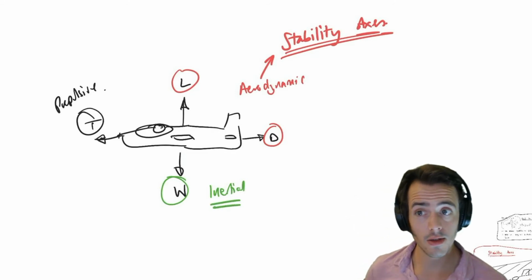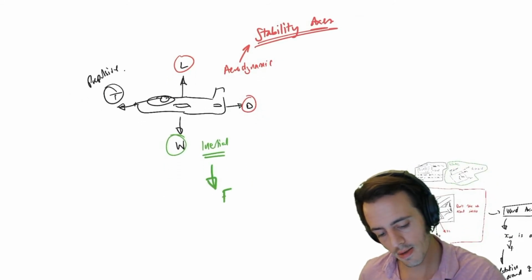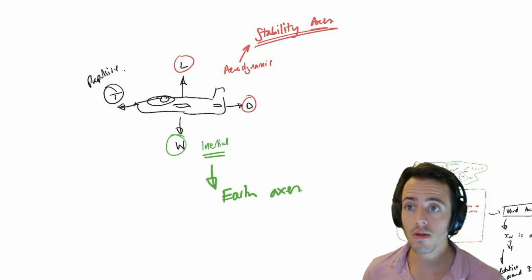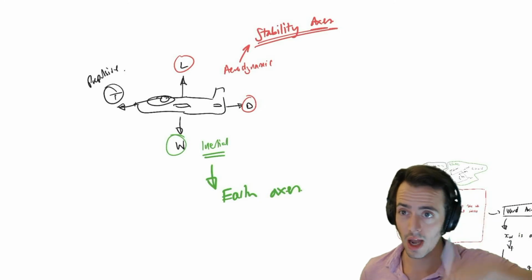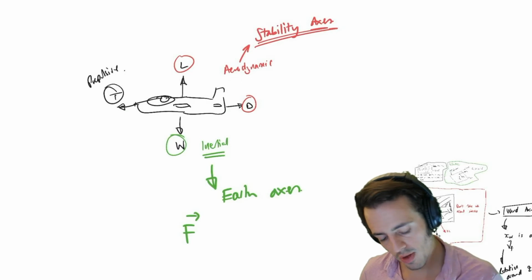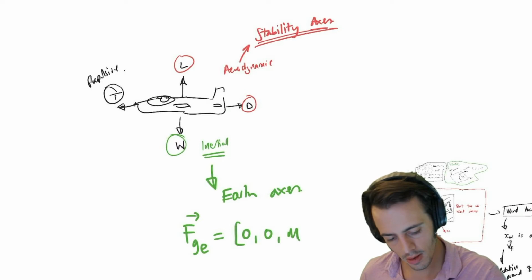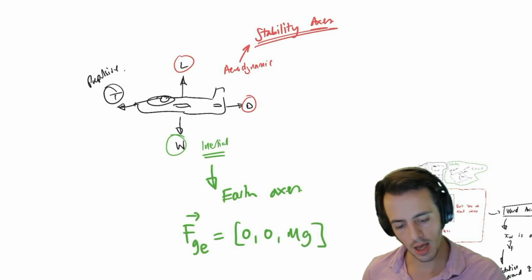Gravity is going to be easiest to define in Earth axes, because the only force that we've got in this reference frame is a force going down towards the center of the Earth. So in fact, we can write this now. Our sum of forces due to gravity in the Earth axis frame is 0, 0, mg.